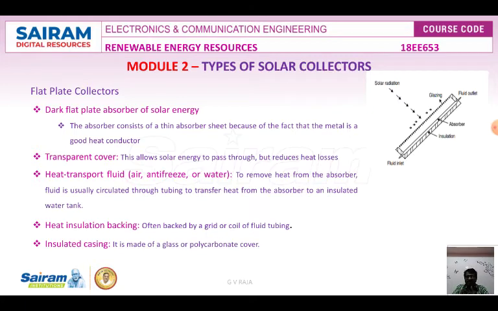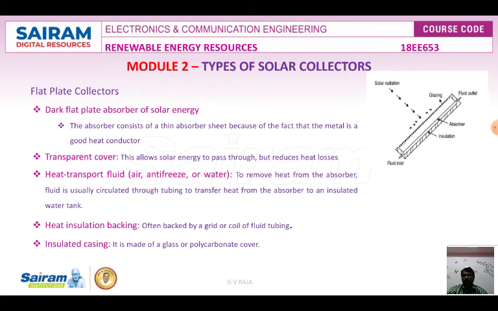The transparent cover is used to reduce the convection losses from the absorber plate by restraining the stagnant air layer between the absorber plate and the glass, and it also reduces the radiation loss from the collector, as the glass is transparent to the shortwave radiation from the sun.